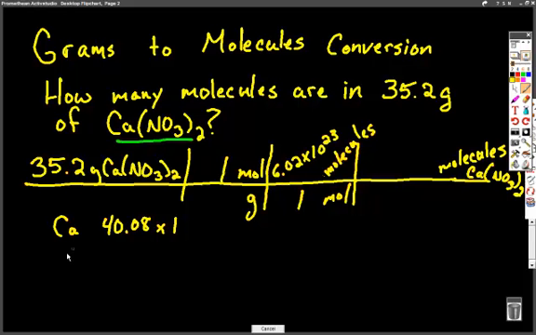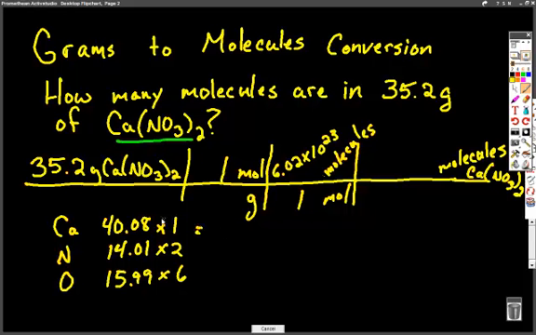Nitrogen has a mass of 14.01, and if we look back up at our formula, there is 1 nitrogen per nitrate, but we have 2 nitrates, so that means we have 2 nitrogens. Oxygen has a mass of 15.99, and notice that we have 3 oxygens per nitrate. If we have 2 nitrates, that means we have a total of 6 oxygens.